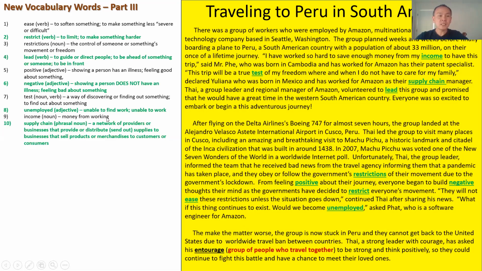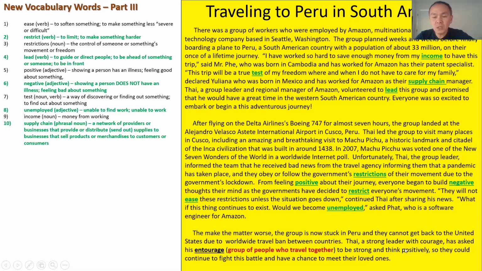A ban is a restriction. A ban is a law, a temporary law to restrict, not to ease people's movement, okay? So there was a travel ban between countries.